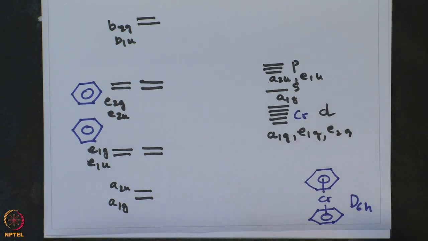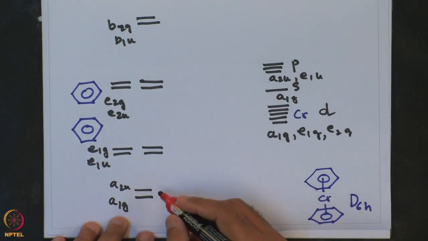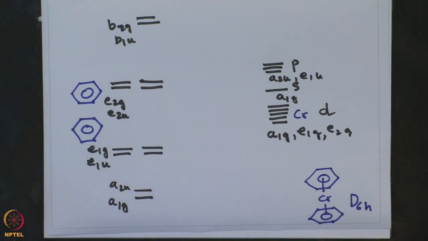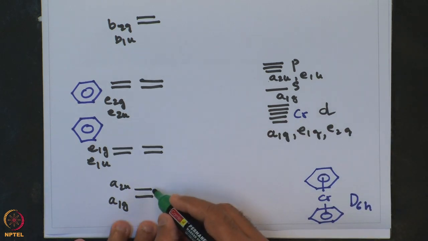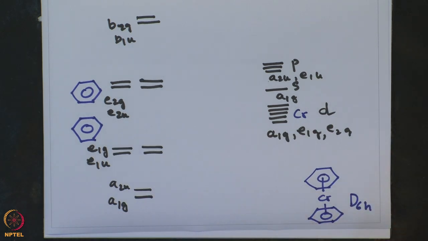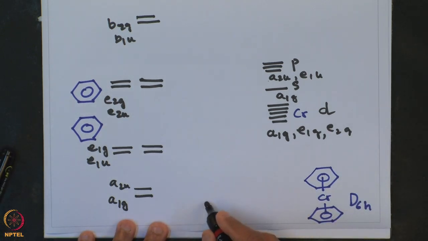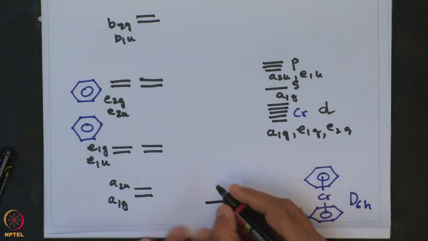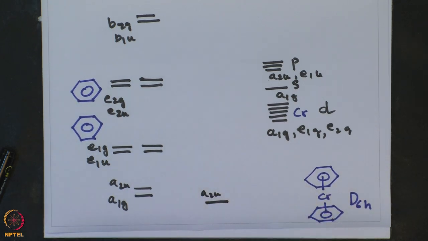For example, A2u is kind of non-bonding in nature, and remains by itself. This is A2u.